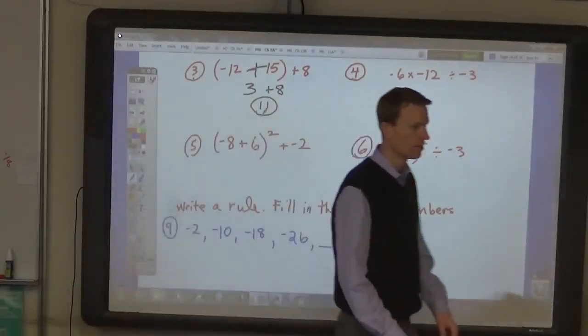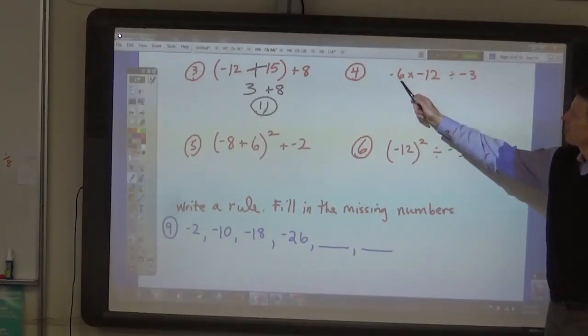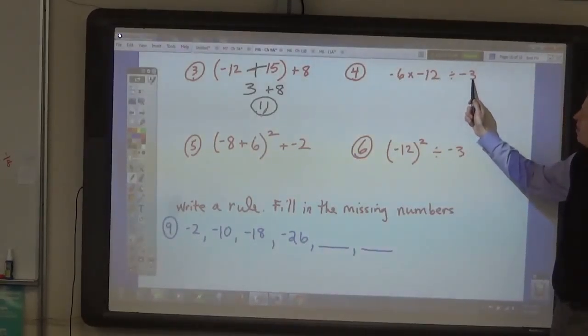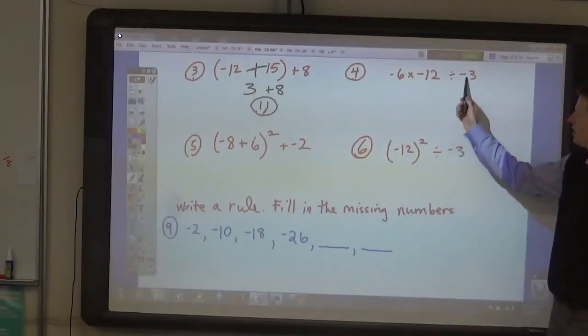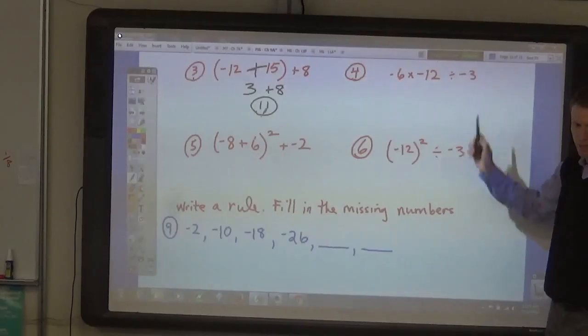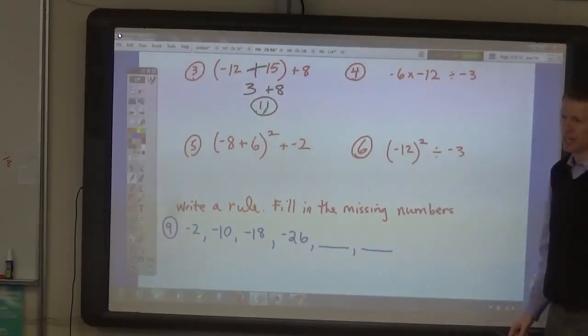Over here, we have negative 6 times negative 12 divided by negative 3. It's not a minus because of the division sign, so this makes it a negative 3. What's negative 6 times negative 12?